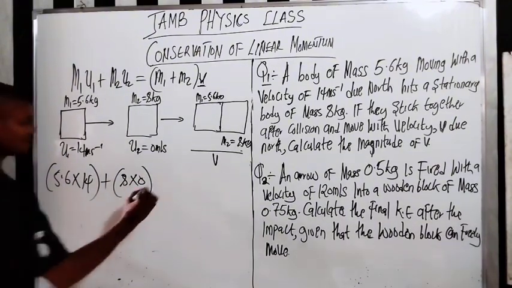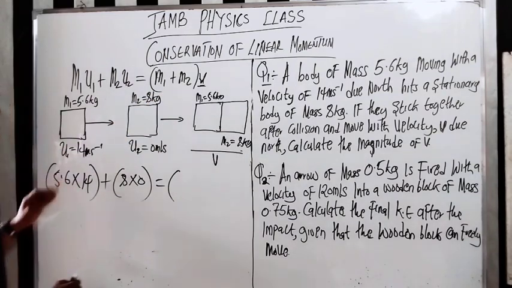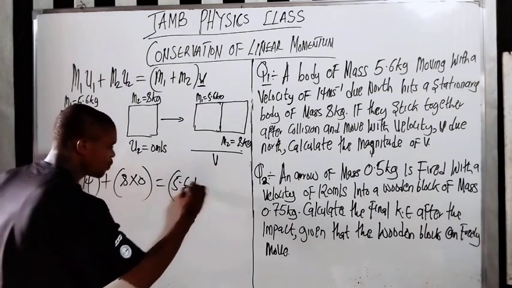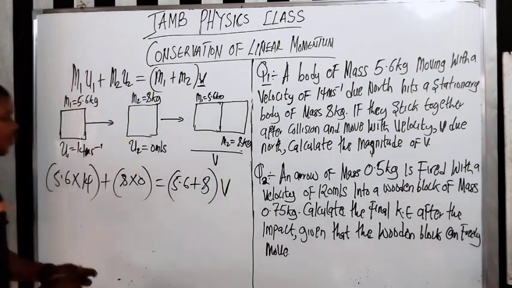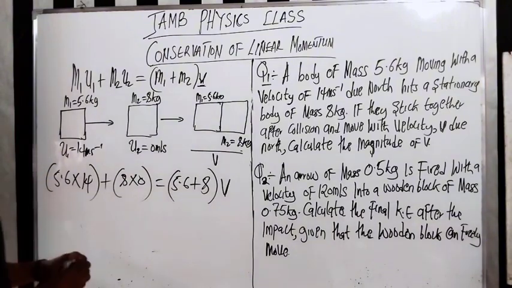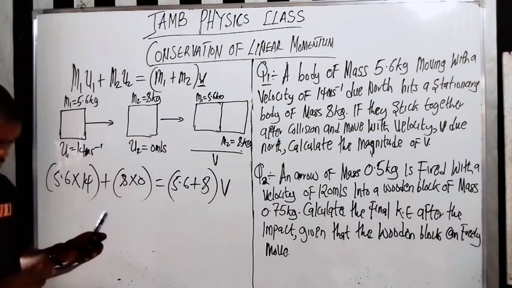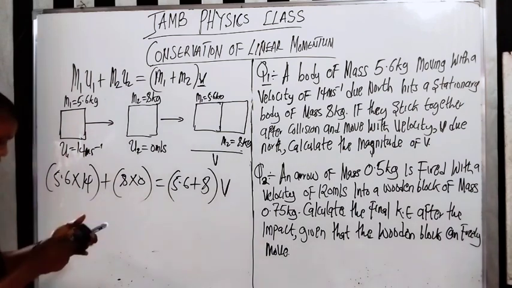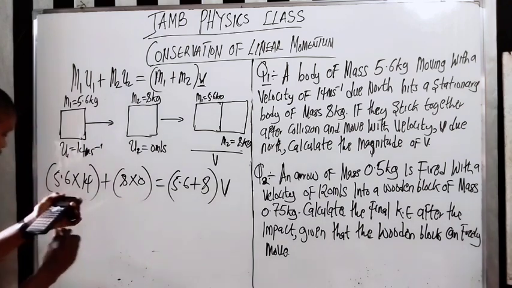Equals, now, (m1 plus m2): m1 is 5.6 plus m2, which is 8, times this velocity v. So 8 times 0 is going to be 0. Then 5.6 times 14 gives us 78.4.